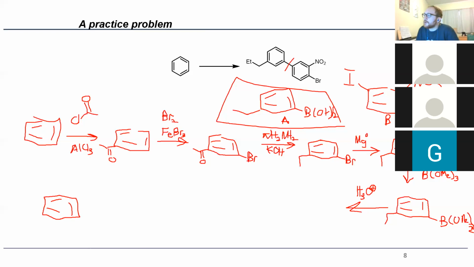So to me, when I look at B, I say, okay, well, I see the nitro group and the iodine are ortho/para to the bromine, which is an ortho/para director. So we could think about introducing the iodine and then the nitro group as a good way to do it. Or we could introduce the nitro group, then the iodine, and then the bromide.